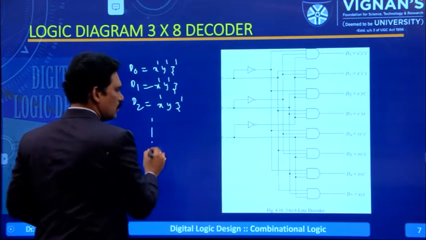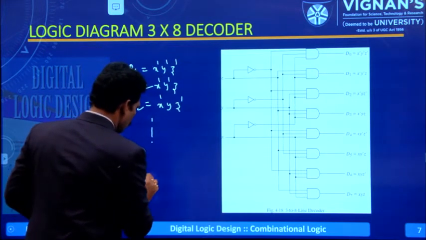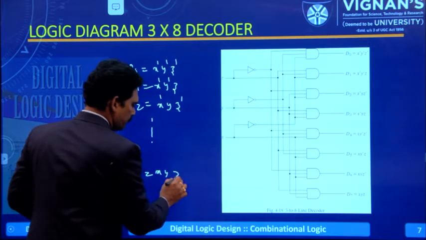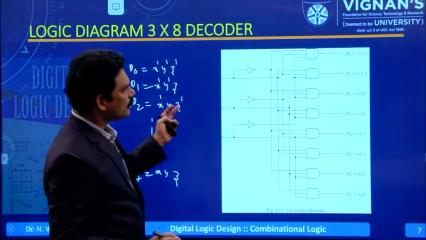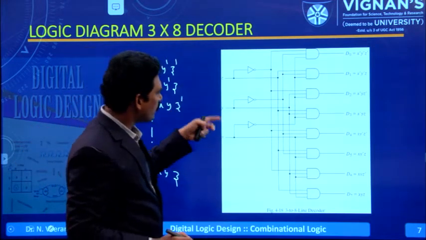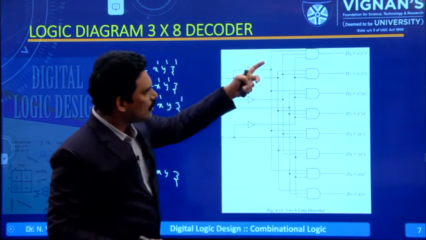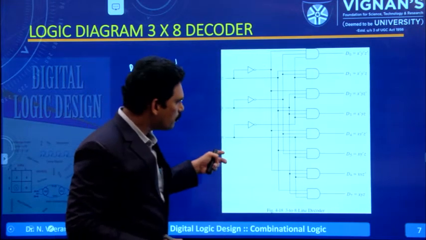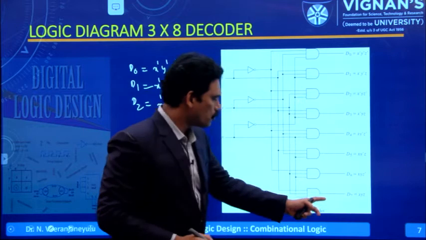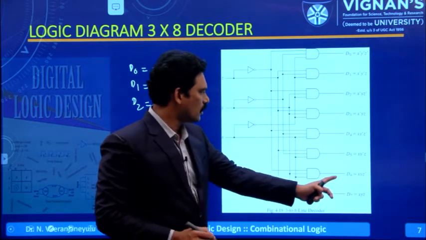Like this, D7 is equal to x, y, z. Based on the combinations, there are 3 inputs and 8 outputs, a 3 to 8 line decoder.